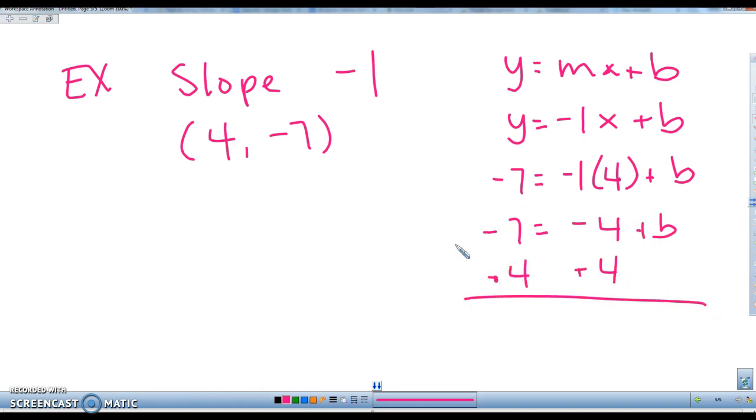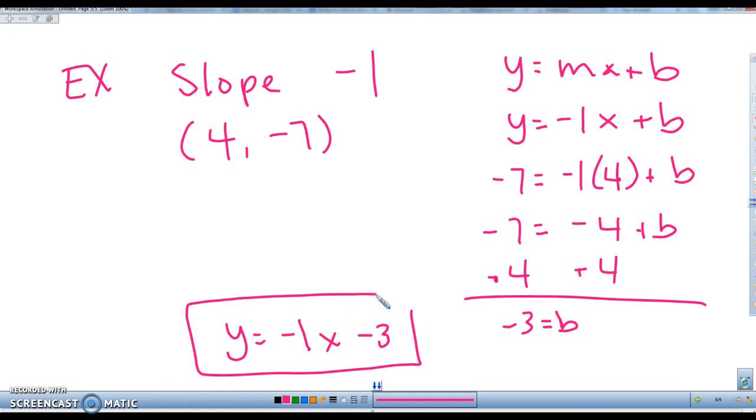Be careful with your integers here. And I should get my final answer is y equals -1x minus 3.